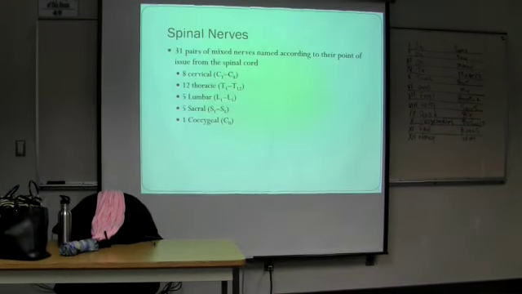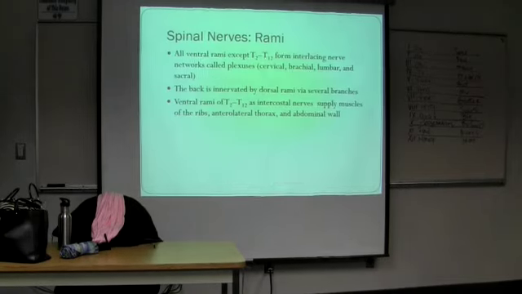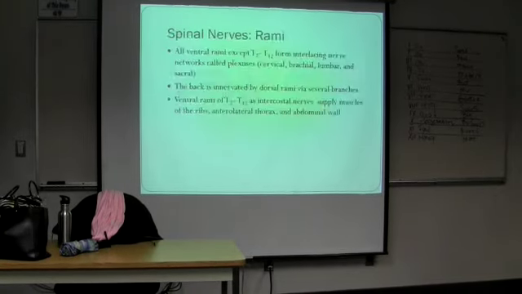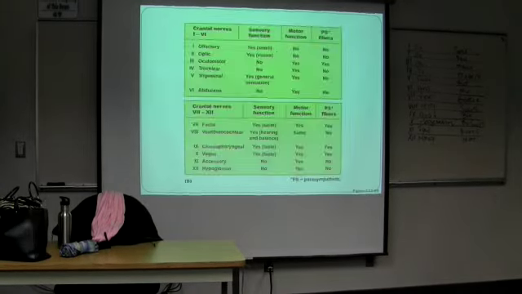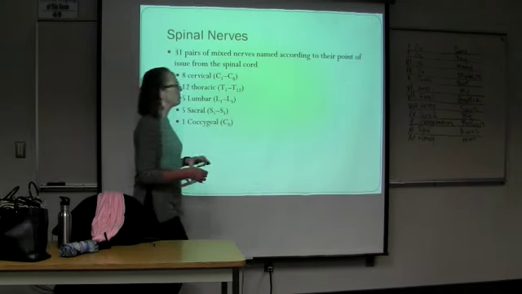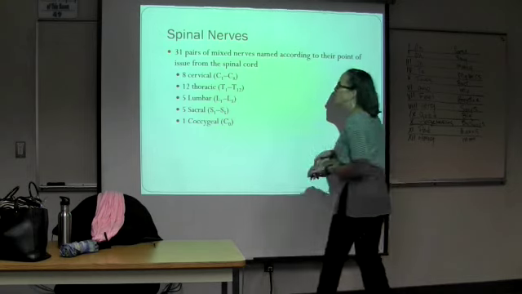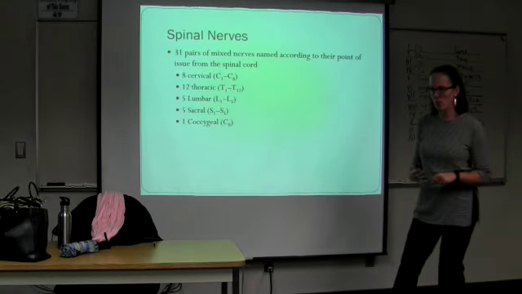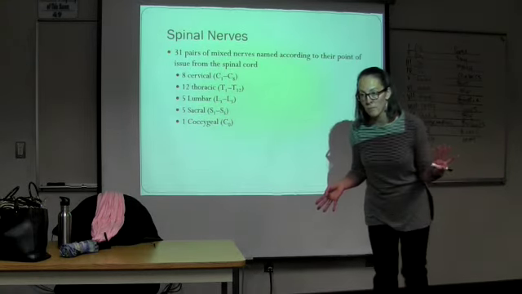Okay. All right, spinal nerves. 31 pairs of mixed spinal nerves named according to their point of issue from the spinal cord. It's just where they come out of the spinal cord.